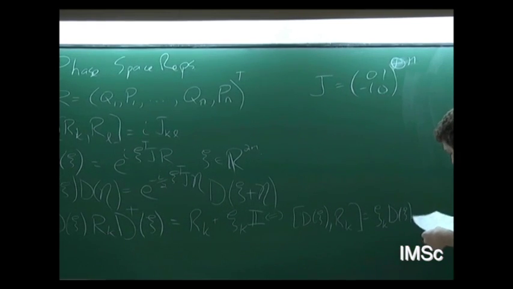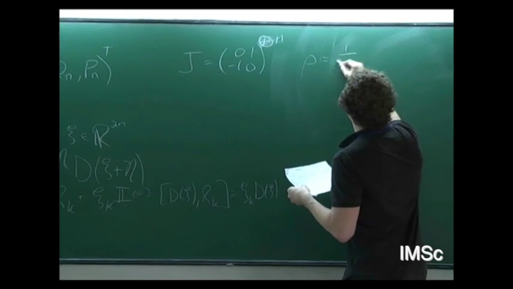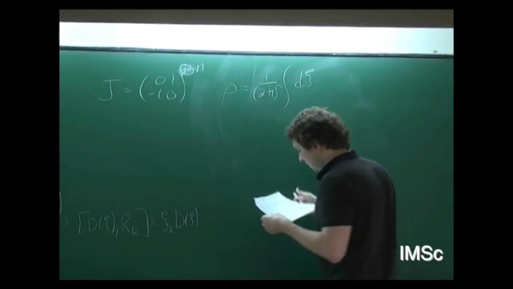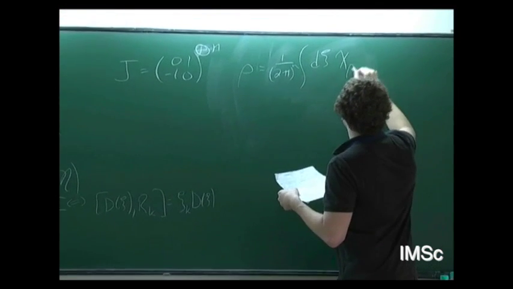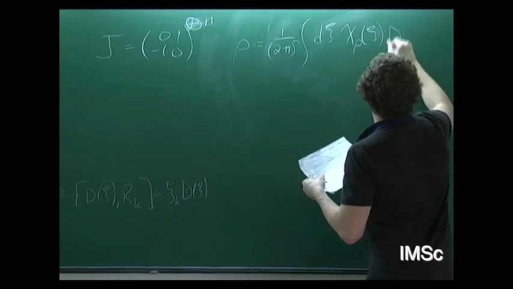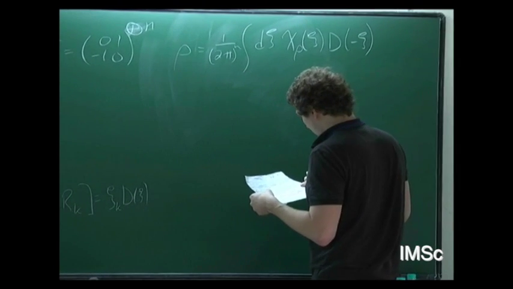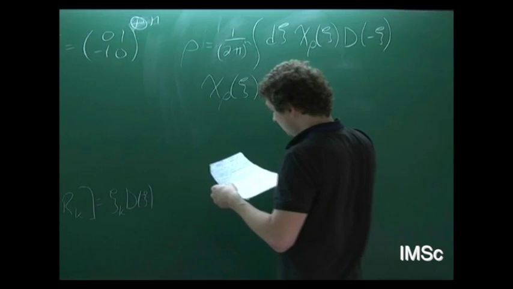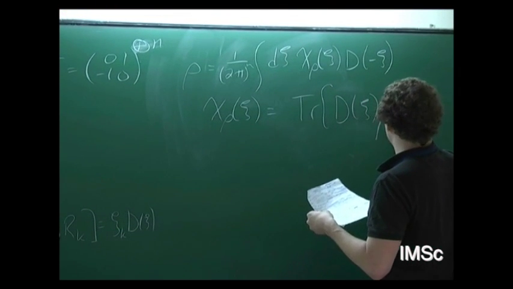Okay, and why do I mention these things? Well, I can use them as a basis for the state space. So rho I can write now as (2 pi)^-n times the integral over all possible values of psi of some function chi sub rho of psi times this guy, where this chi sub rho is called a characteristic function, and it's just given by the trace of D(psi) rho.